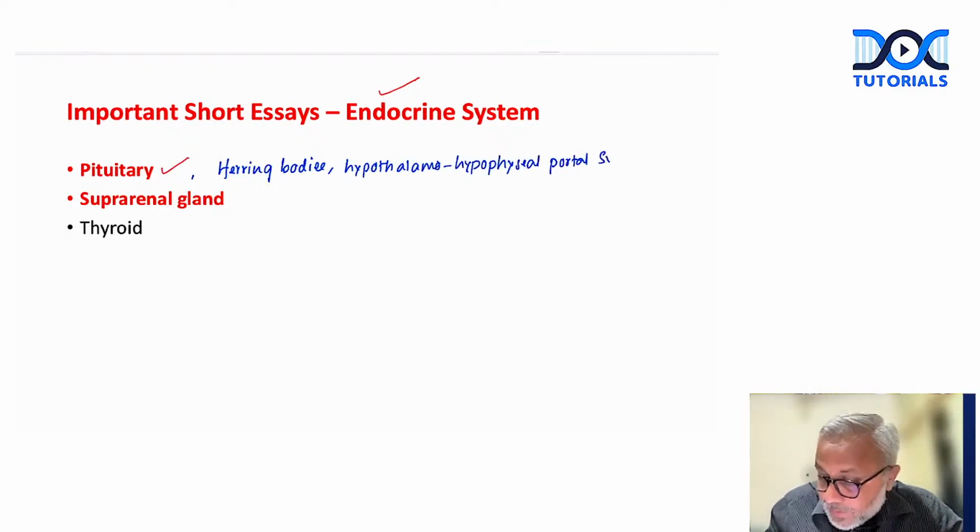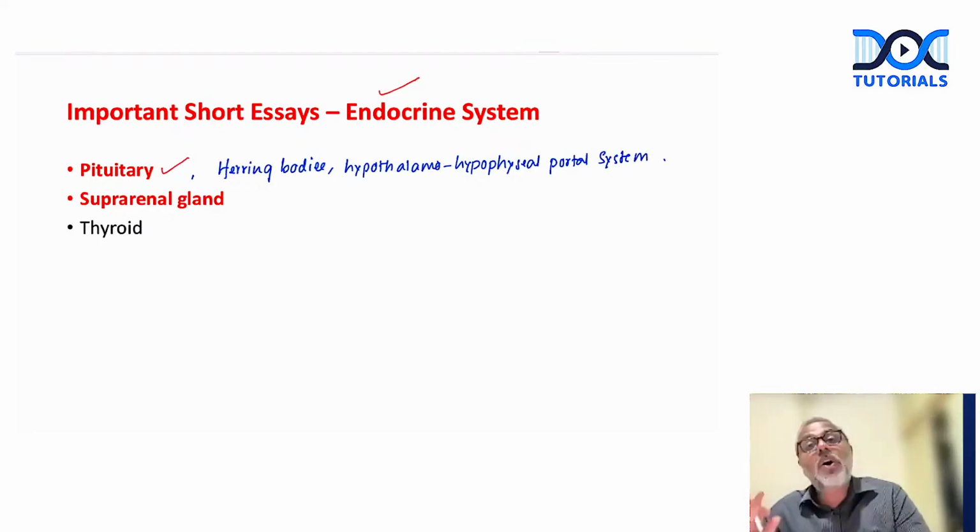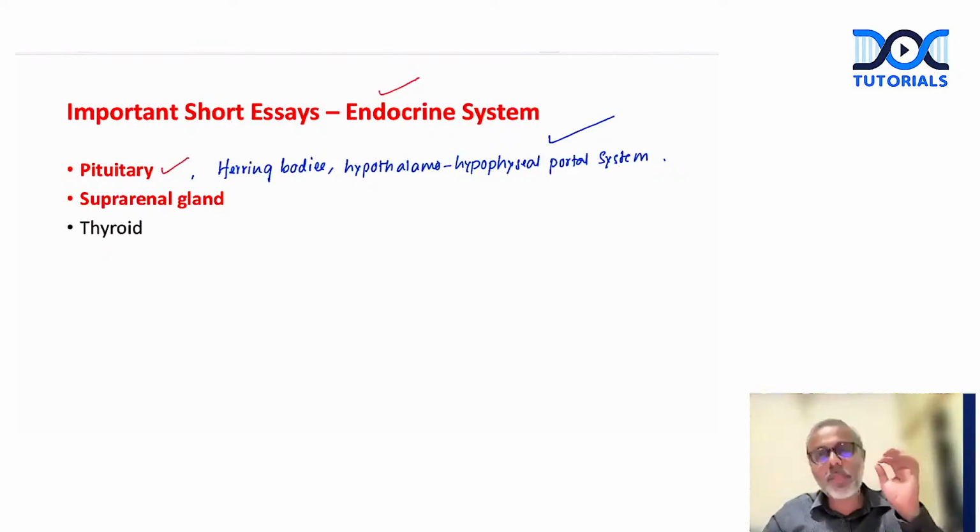Even this can be asked in your systemic histology paper or the general histology or general anatomy question, right? What do you mean by hypothalamo-hypophyseal portal system? What is its role in histology of pituitary gland? This could be a very important question, right?